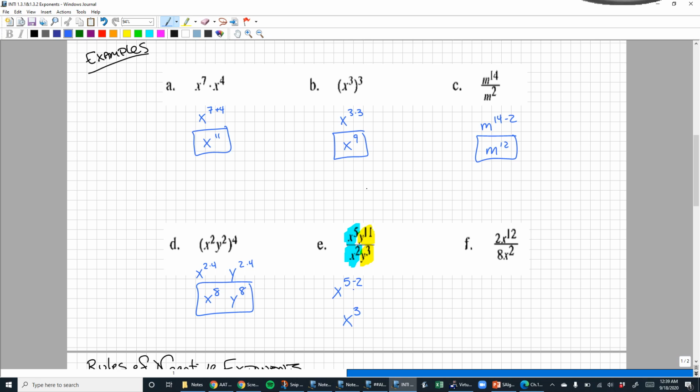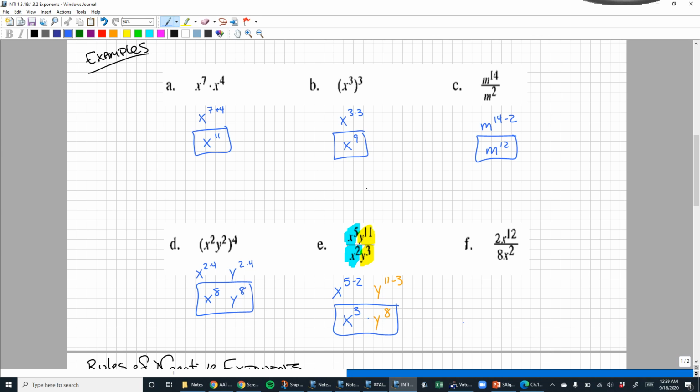By the way, you do not need to write that middle step. It's just explaining what's going on. For the other one, we're going to get y to the power of 11 minus 3, which is y to the power of 8.